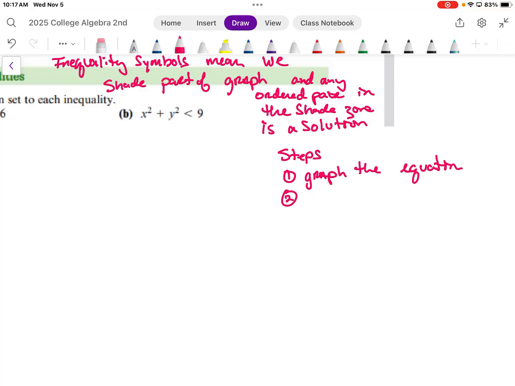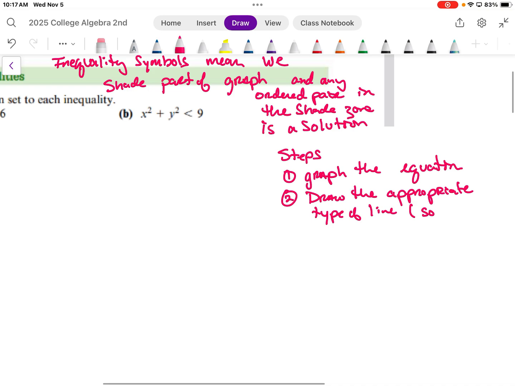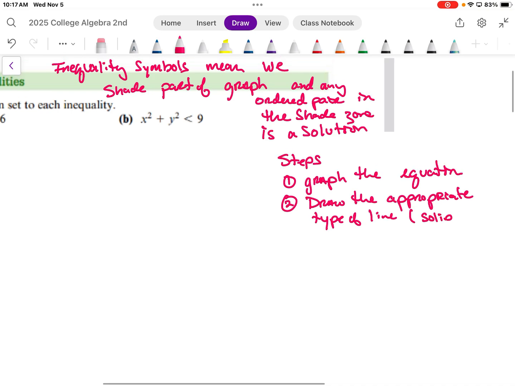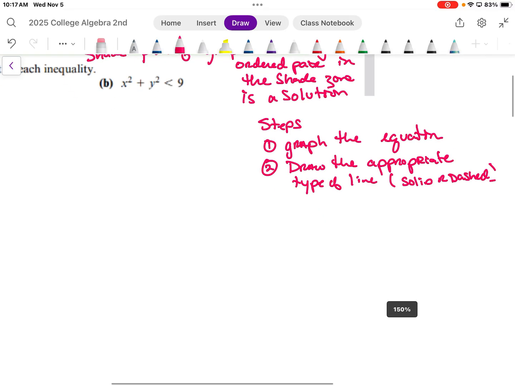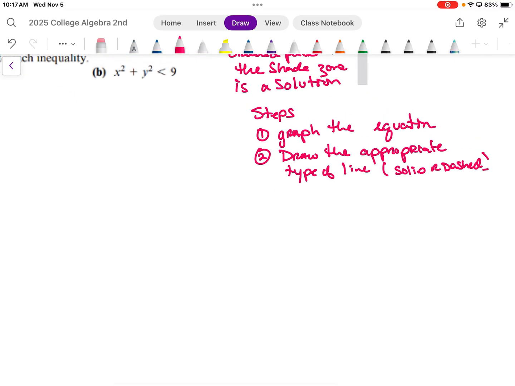Second step, we need to draw the appropriate type of line. You're either going to do a solid line or a dashed line. I'm going to explain in a moment how you know each one. So you have two choices of lines to draw, either a solid or a dashed line.